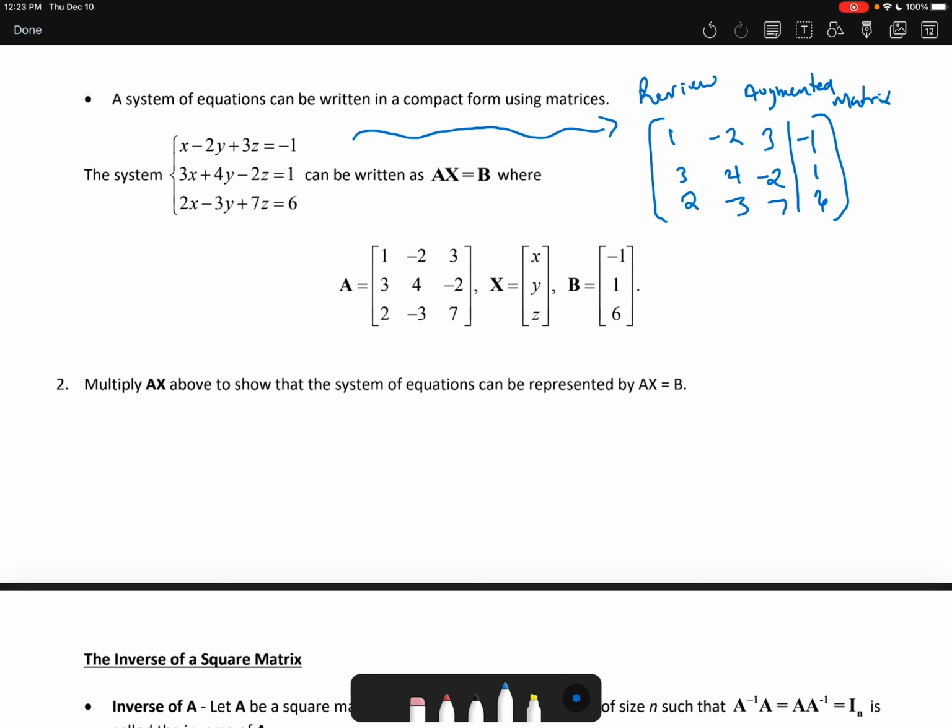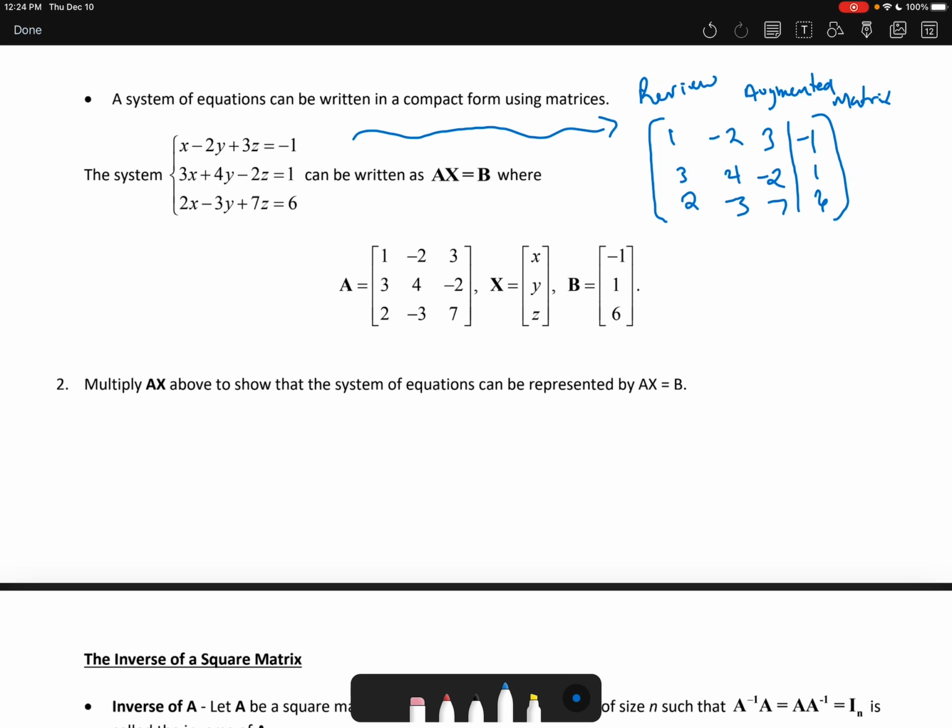So we've done that before. This is a different way to take a system of equations and write them with matrices. In this, we're going to write it in the form AX equals B. Okay, so these would be our different matrices.